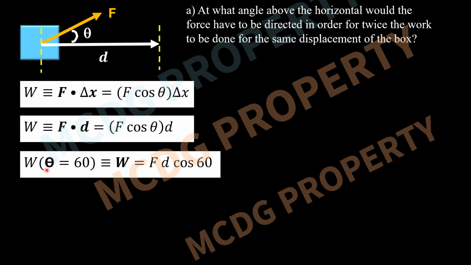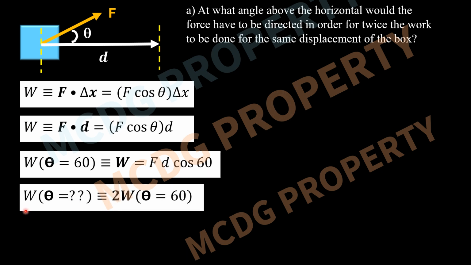So we already know that the work done by the force F when theta is equal to 60 degrees is given by W, which is equal to F, the magnitude of F, times d cosine 60. So again, we're looking for the angle theta in which the work done, for the same F, the same d, but different angle, will be twice the original work W.